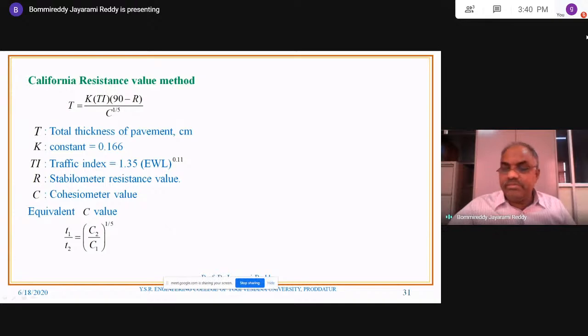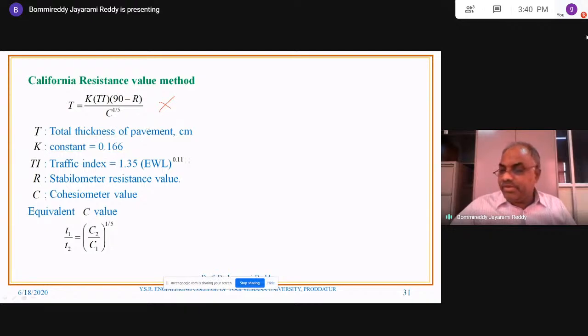California resistance value method. Do not learn this formula by heart. This is one formula, and it directly gives the total thickness of the pavement.